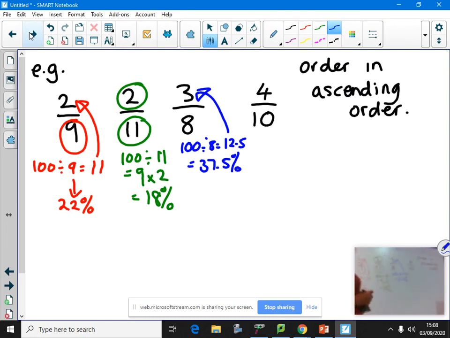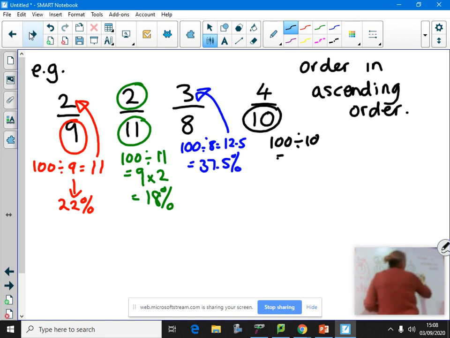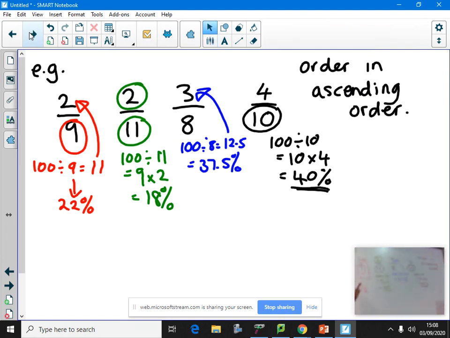And this one's quite easy, but let's go over it. We've got 100 divided by 10 equals 10 times by 4 equals 40%. So we have 22%, 18%, 37% and 40%. Have I answered the question?